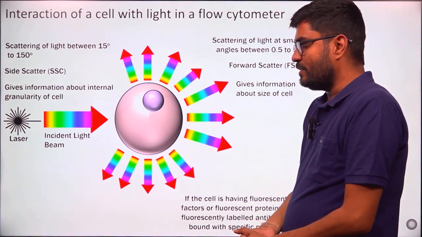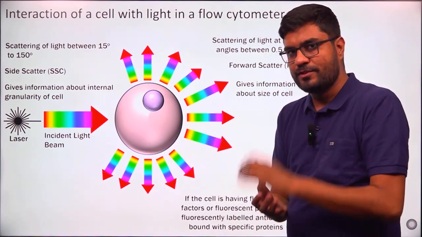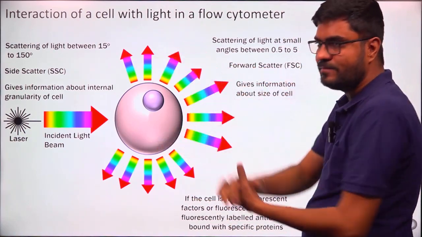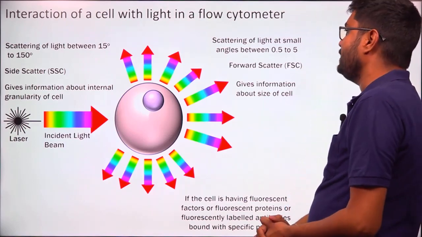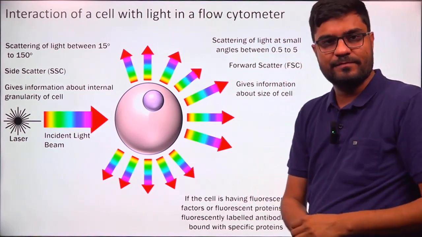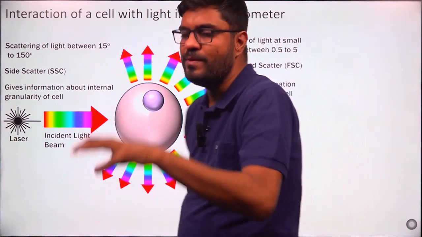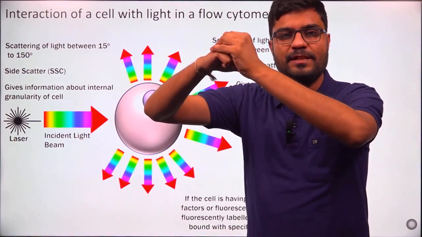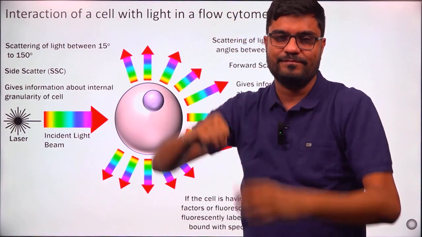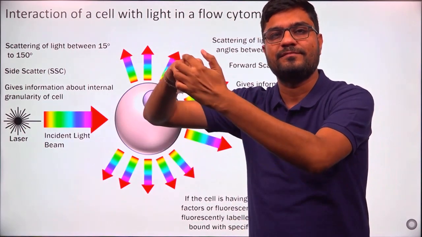Now, the light can interact with the cell in three manners. The first manner is that the light can scatter from the edges of the cell, and the angle of this scattering is between 0.5 to 5 degrees, and we call it what? Forward scatter. What do we mean by forward scatter? The light is coming, interacting with the cell, scattered between the angles of 0.5 to 5, and this scattering is occurring because of the edges of cells, right?